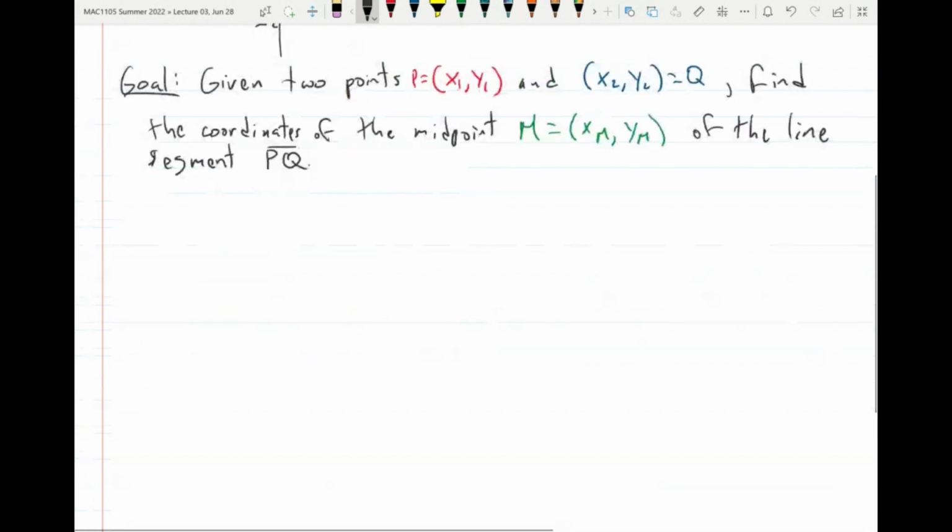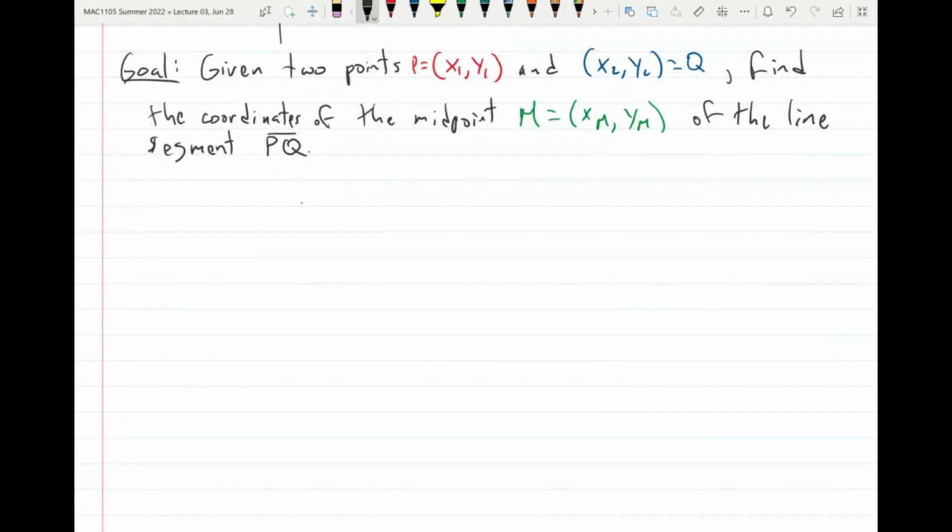Let's draw a picture and see what this gives us. Here is x, here is y. These x and y values could be positive or negative. For the sake of argument, let's assume they are positive, so we have an idea of the picture. But it doesn't matter if some of them are negative.